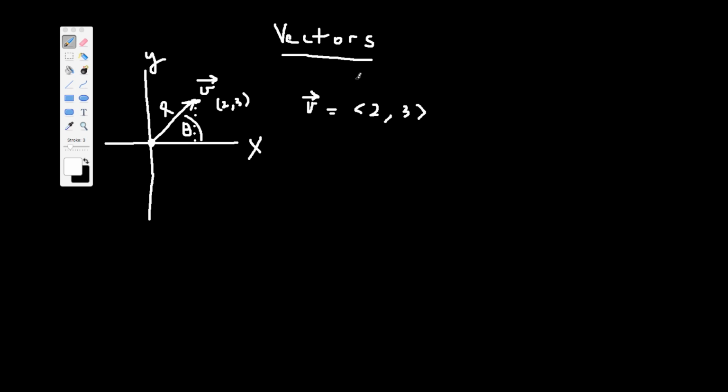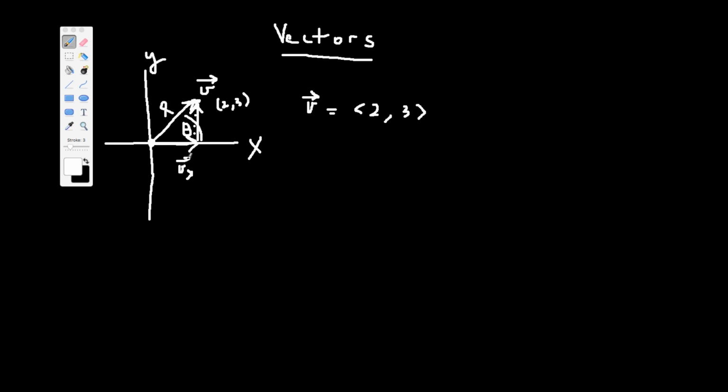Now, if we want to find the length of it, we need to think about the components of this vector, right? So the x component and the y component. Okay, so the x component would be this right here, which is parallel to the x-axis, and the y component would be parallel to the y-axis.